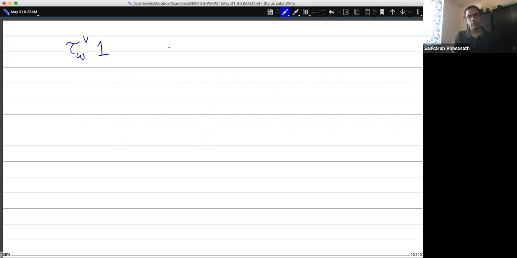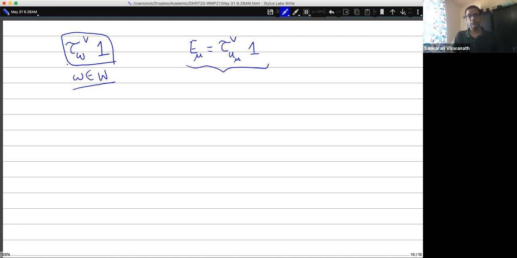So we could ask the following question. We defined the E mu's as this specific element: you take tau u mu check of ones. But of course taus make sense for all w's in the affine Weyl group. So if I take w, an arbitrary element of the affine Weyl group, I can still define such an element, these tau w check of ones. So why are we really only considering these guys?